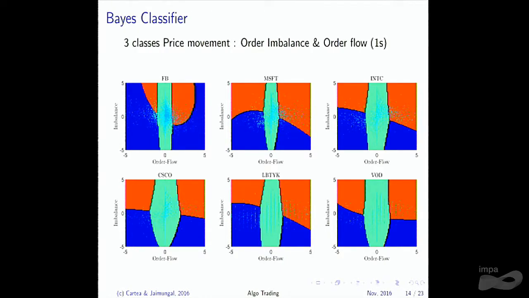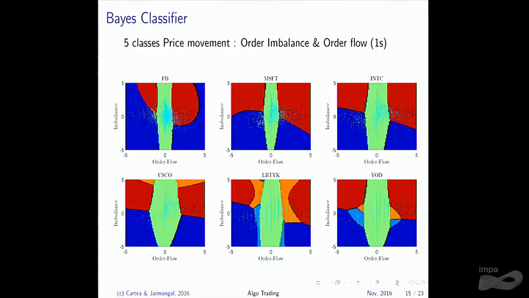There's a horizontal line going this way that's tilting and showing you that order imbalance can push the price one way or another. It's not only driven by order flow, and vice versa.